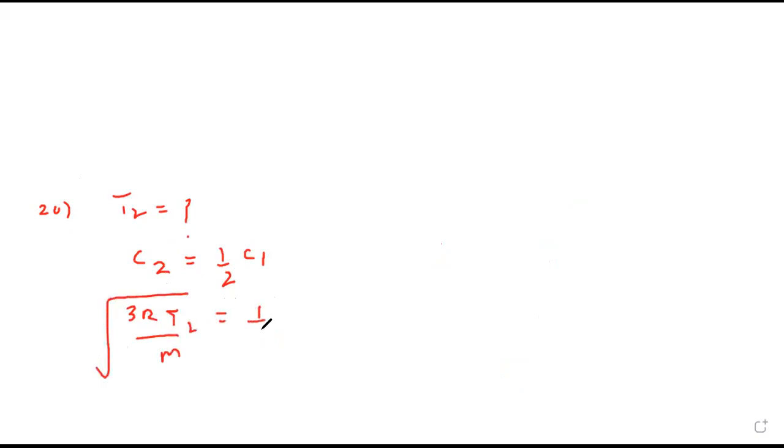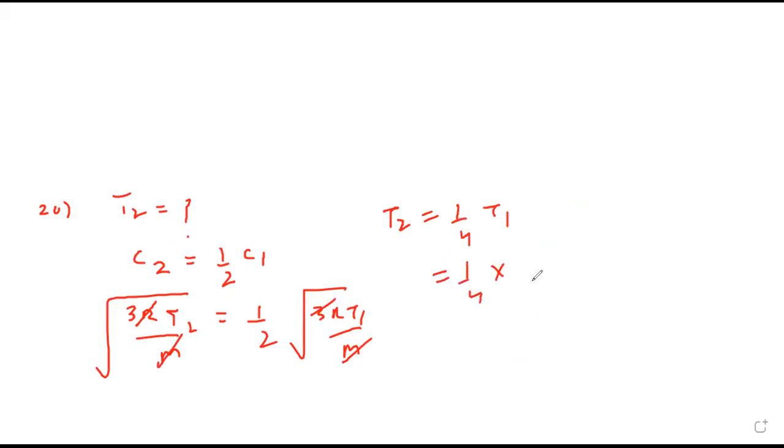At what temperature? मतलब T2 ले लेता हूँ. At what temperature RMS velocity of gas will be half its value at 0 degree. Okay, this is root of 3RT2 upon m is half times root of 3RT1 upon m. Now by squaring, T2 is 1/4 of T1. So 1/4 of 273 Kelvin.